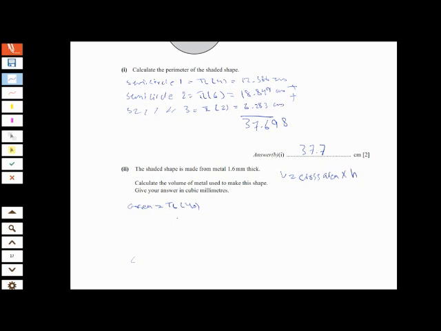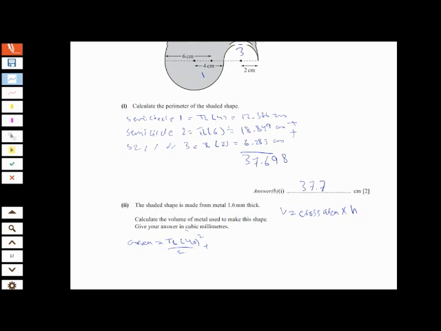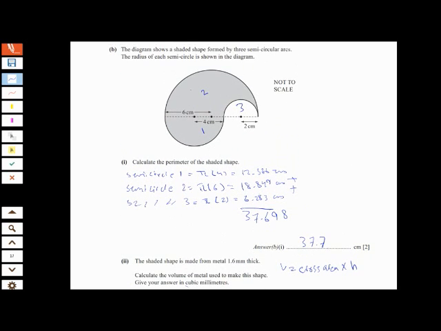plus, this is semicircle 1, the shaded region, plus the area of semicircle 3, and semicircle 2, this area, but minus this area, because it's not shaded.